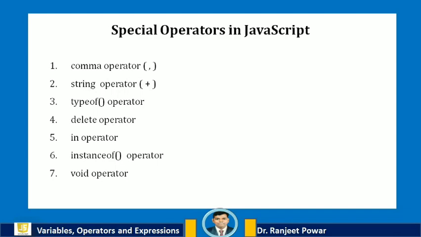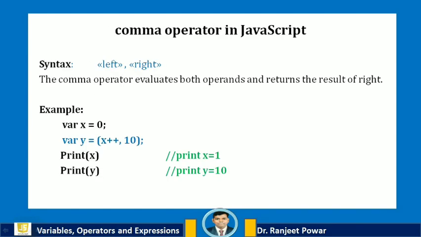In this video, we are going to discuss some special operators in JavaScript. These are the comma operator, string operator, typeof operator, delete operator, in operator, instanceof operator, and void operator. So we'll see those operators one by one.